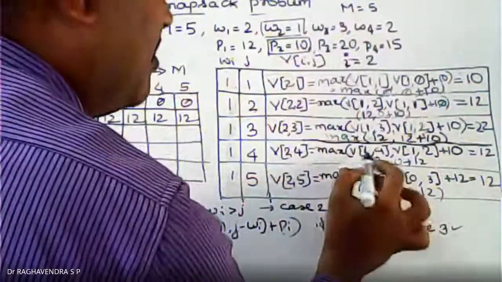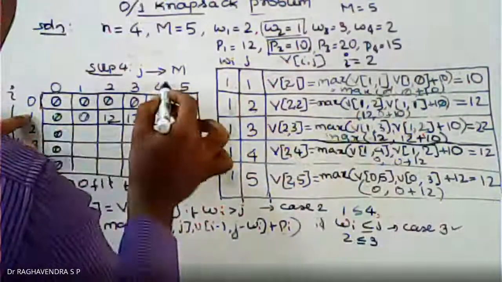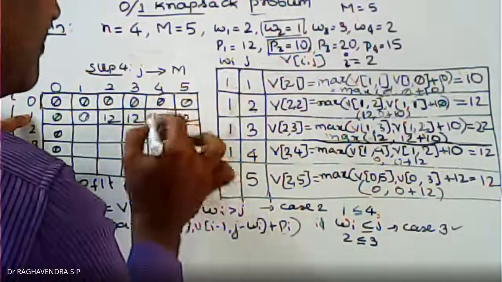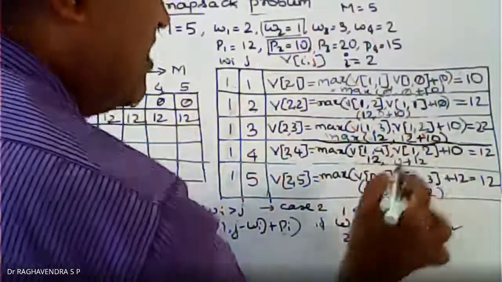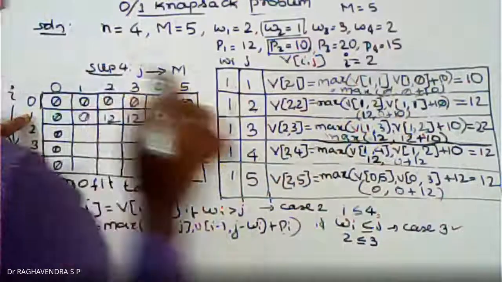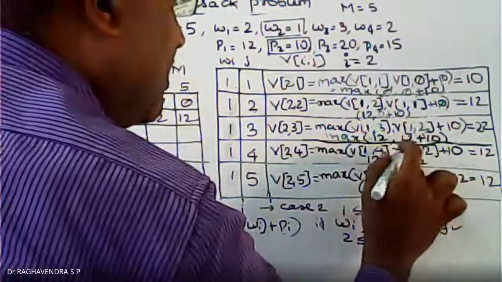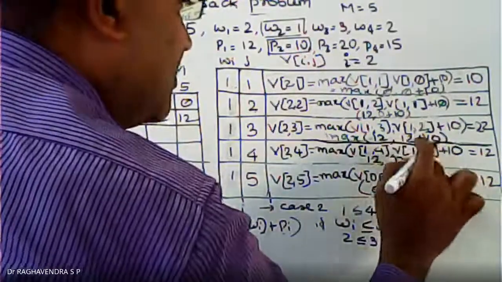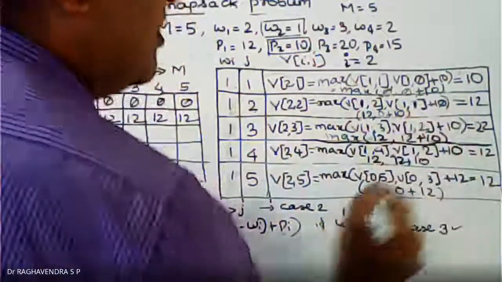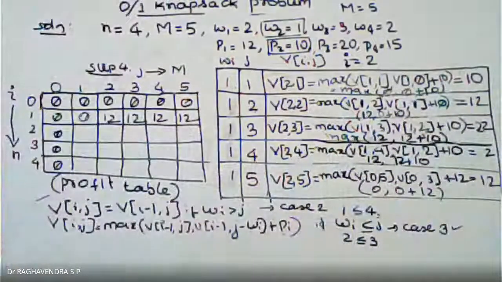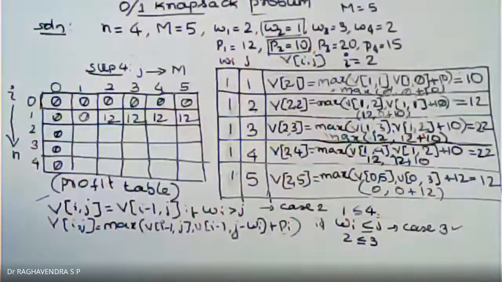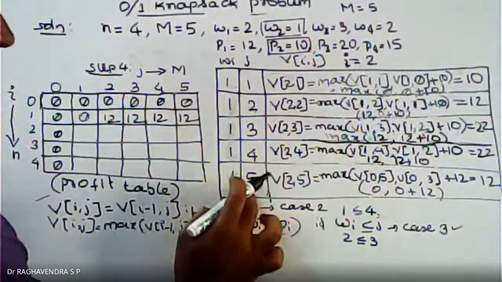V of 1 comma 4 is 12, comma V of 1 comma 2 is also 12 plus the profit 10. Once again, the maximum value is 22.